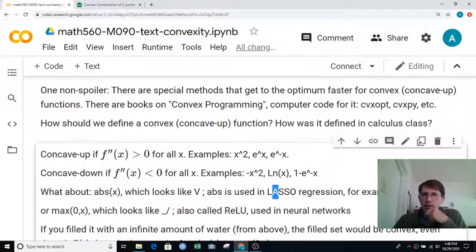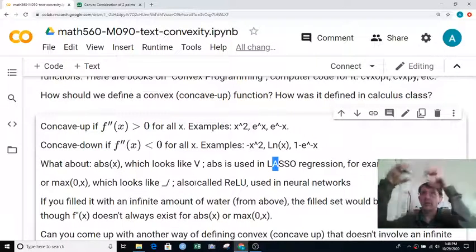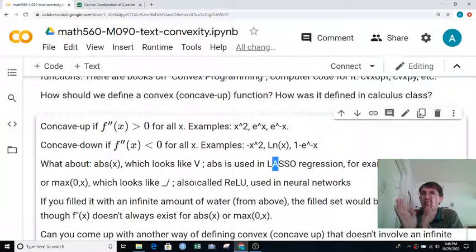Well, one way to think about it is if you filled a function shape like y equals x squared with an infinite amount of water from above, then that filled set would be a convex shape, right? If you filled x squared, you would get a convex shape up here. The same thing for e to the x.